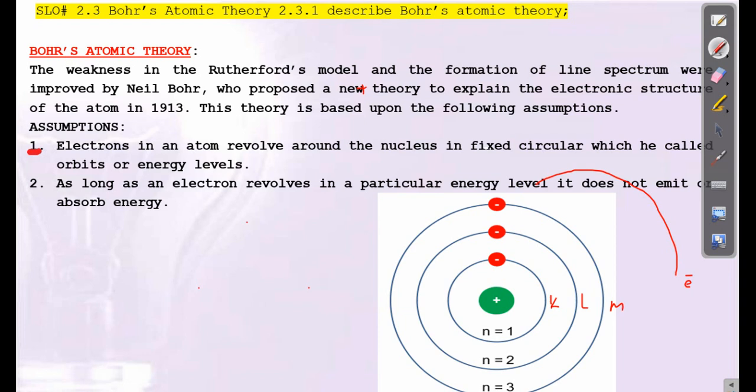So these orbits have fixed energy. When an electron moves in these orbits, the energy of the electron remains constant. It does not emit or absorb energy. So this was the improvement made by Bohr to the Rutherford atomic model.